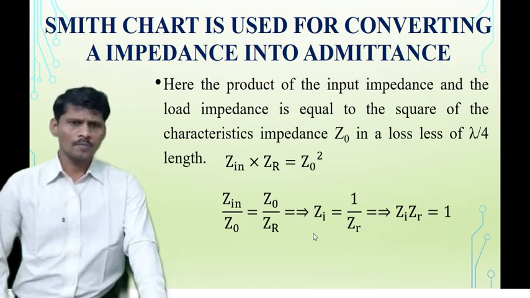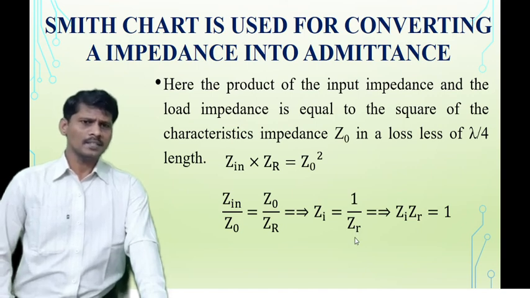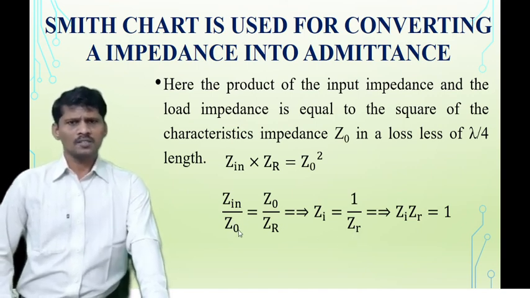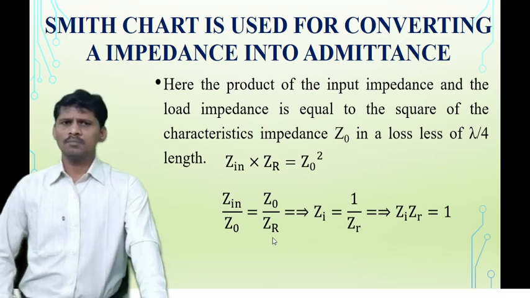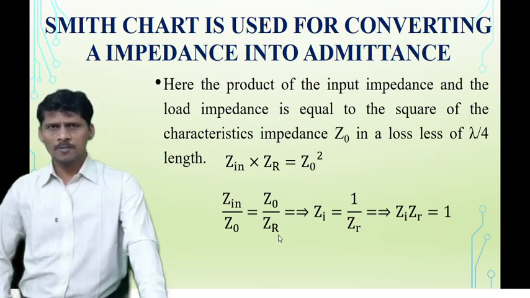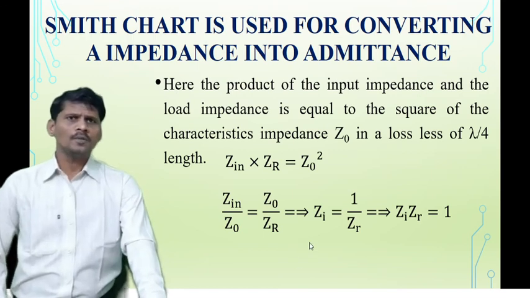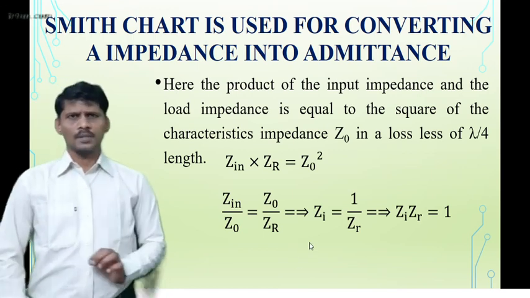That is, zi is equal to 1 by zr. Here Zin is the input impedance, Z0 is the characteristic impedance, ZR is the load impedance, and zi is the normalized input impedance.